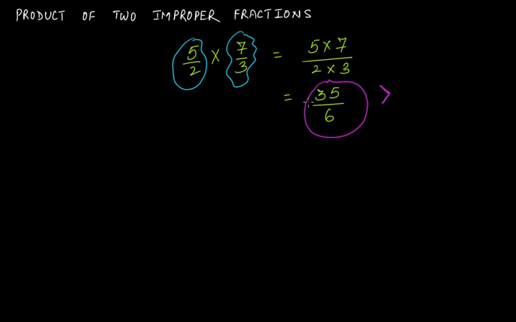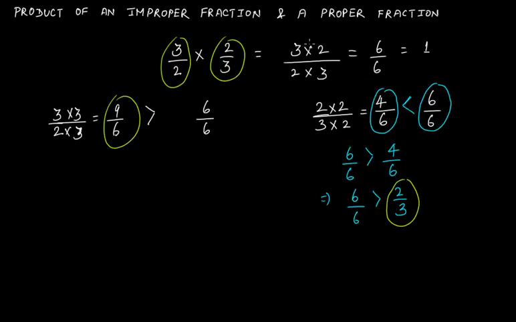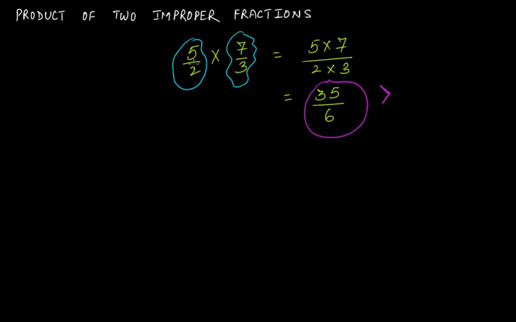So if we multiply two improper fractions, the fraction that we will get will be greater than the two improper fractions that have been multiplied together. And how you will prove that? You just follow the same steps that we have done earlier. That is, convert these two into equivalent fractions such that they are like fractions to this one, and then simply compare.